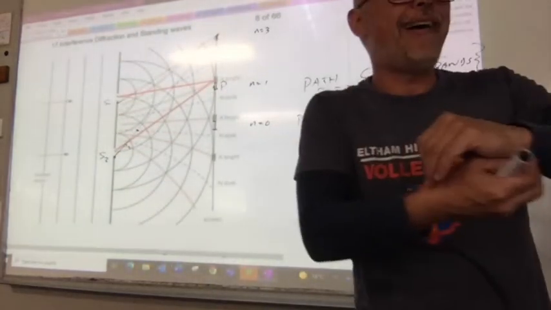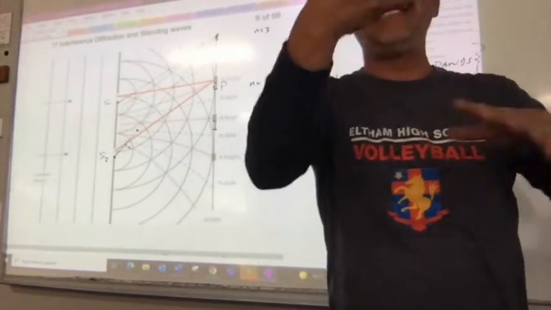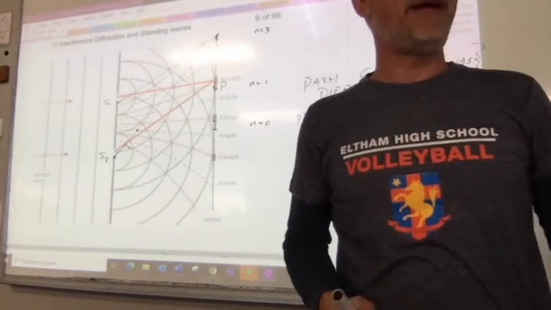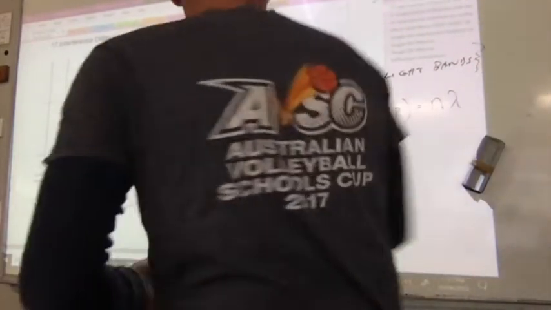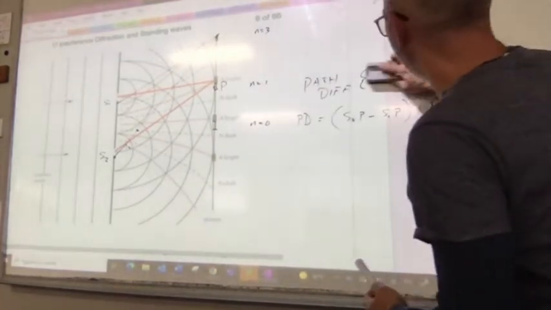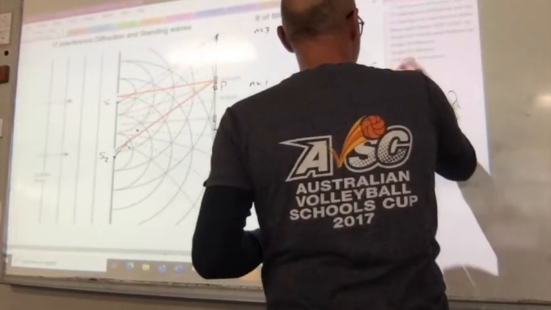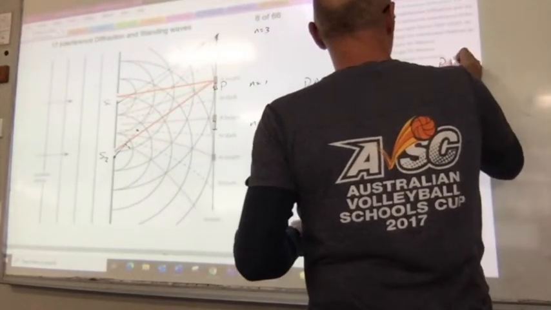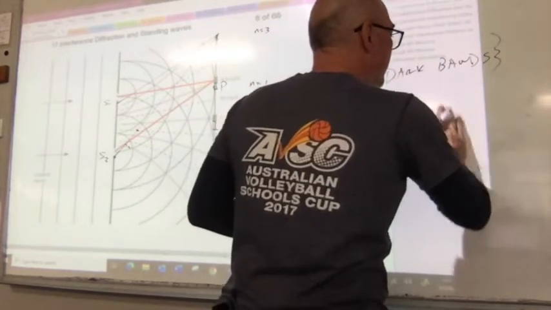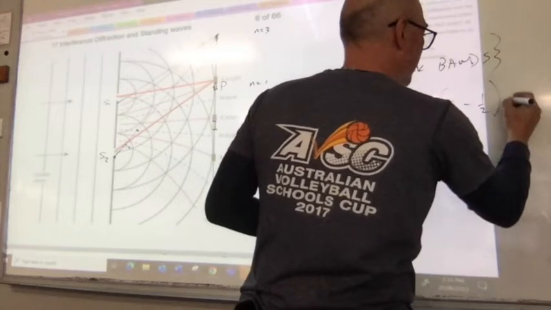And if they're off by a half, then you get a trough slamming into a crest, and bam, it flattens out. There's your dark band. So they have to be off by half. So this is now the same, except instead of for bright bands, for dark bands, it's not n lambda, it's n take away a half, times lambda.